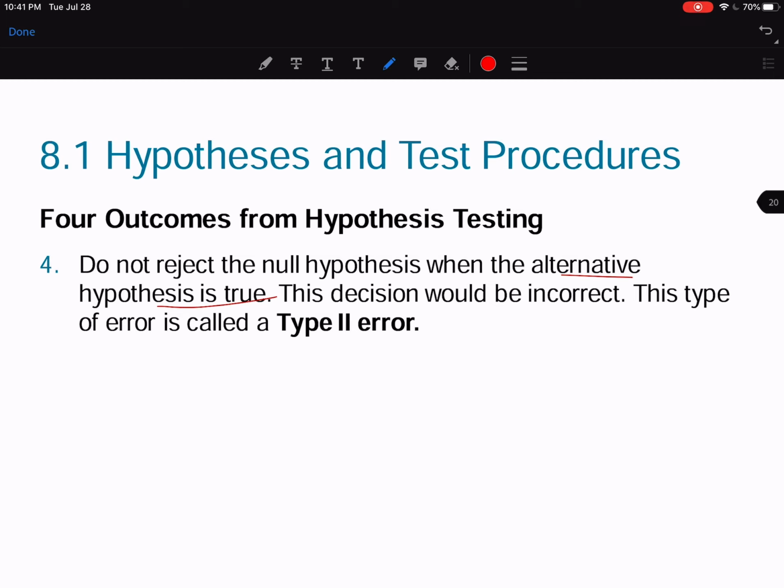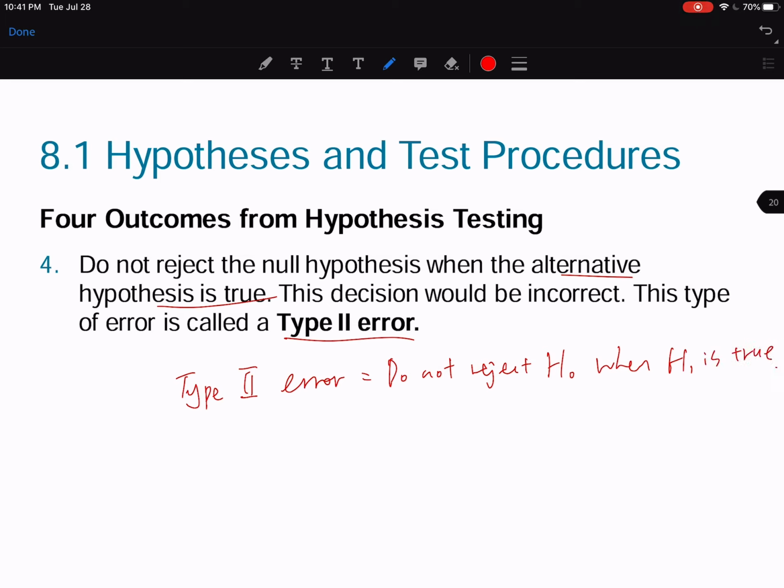And this kind of error is called a type 2 error. So the type 2 error is equal to do not reject the null hypothesis when the alternate hypothesis is true.